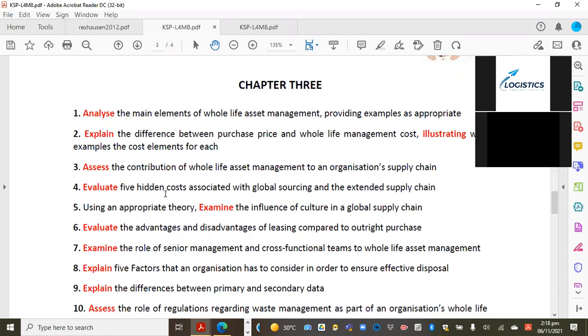Then evaluate 5 hidden costs associated with global sourcing and the extended supply chain. So one hidden cost, remember, we looked at culture. Culture is one. We also looked at tariffs and non-tariff barriers. Yes, they are all hidden costs. We can also talk of even language barriers.